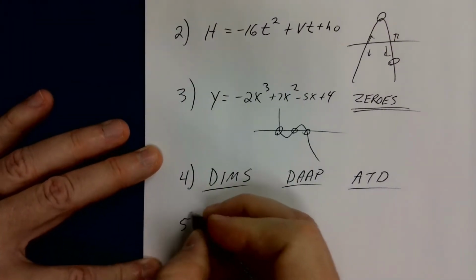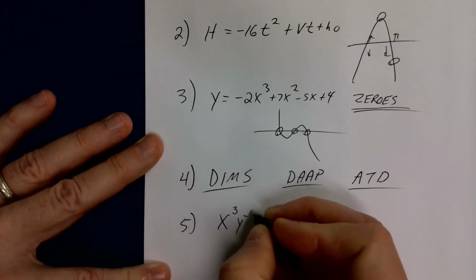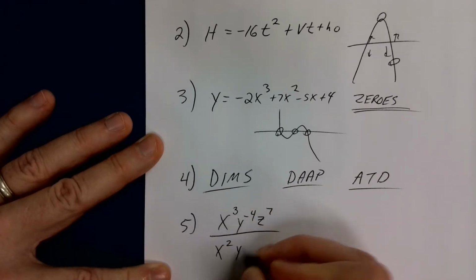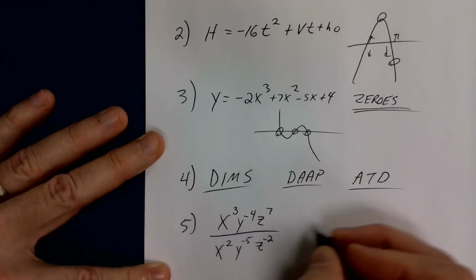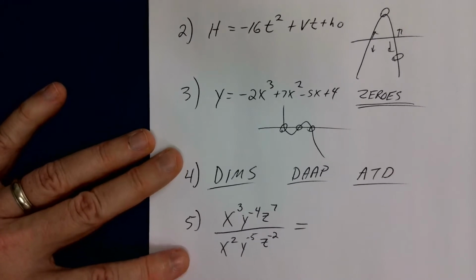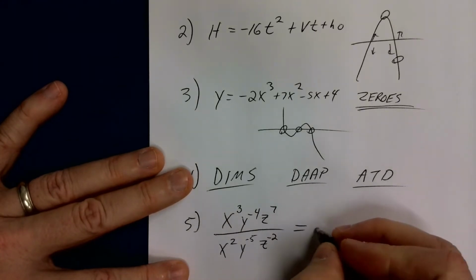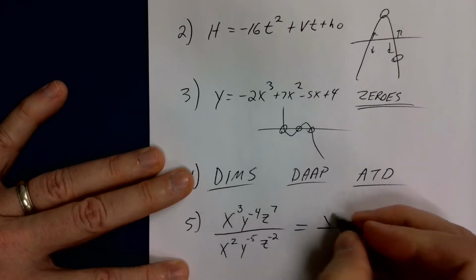Okay, number 5, something like this. x to the third, y to the negative 4, z to the 7th, over x squared, y to the negative 5, z to the negative 2, and saying, hey, can I simplify this rational expression with exponents? So yes, this final answer, x cubed over x squared would be an x on top.